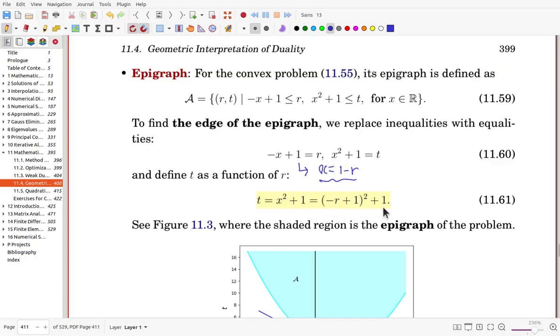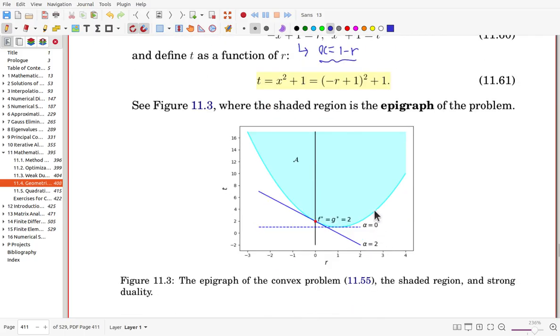So the epigraph in (r, t) coordinates is given in this way. This is the edge, in fact. When r is 1, it has a minimum of 1. So the 1 and 1, you have a minimum. That is the epigraph of the problem.